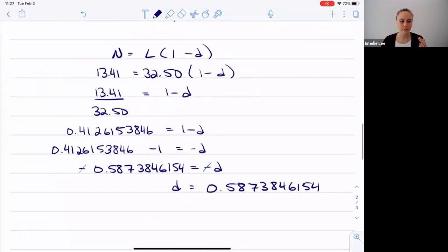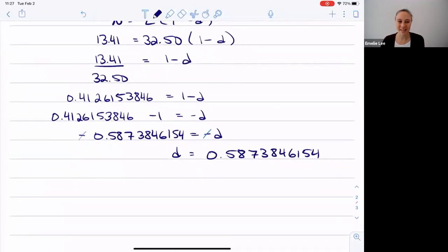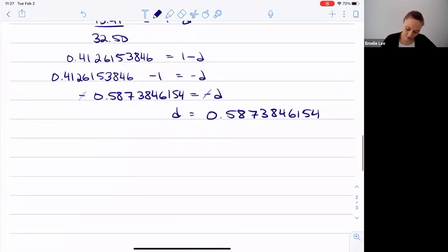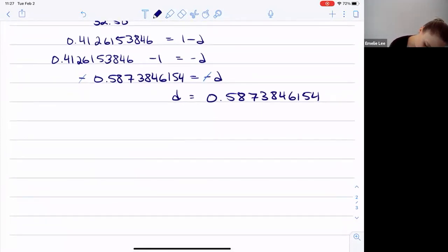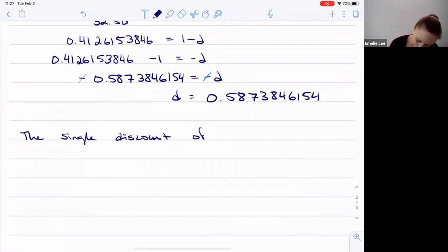Yeah. Would be 58.74, right? Depending on how many decimal places you're going for. So a single discount of 58.74%, right?